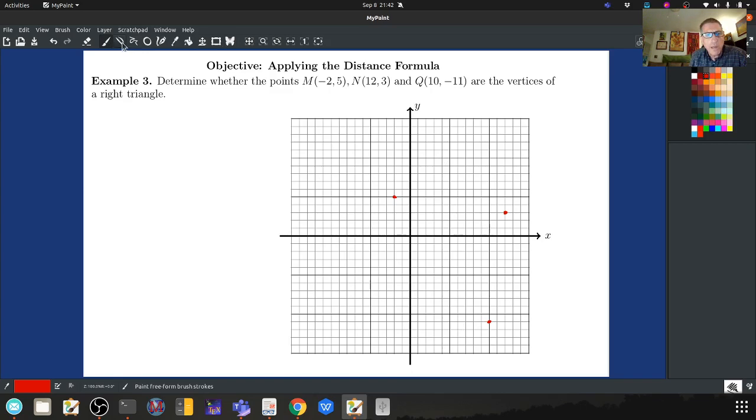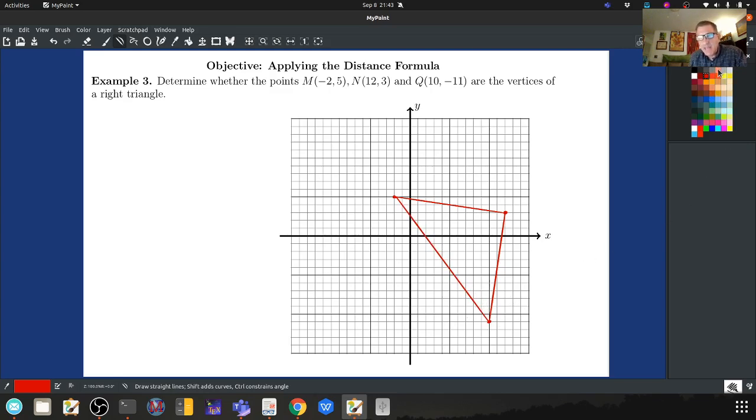So why did I bother to sketch it out? Well, I'm going to draw the resulting figure that way. And why did we do that?